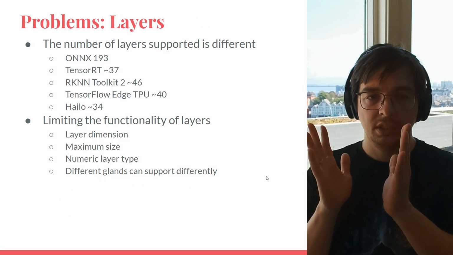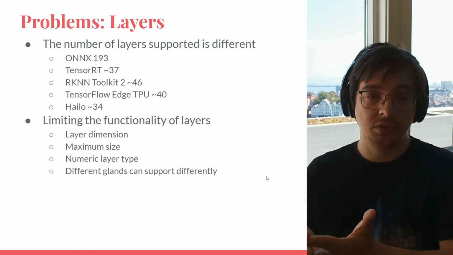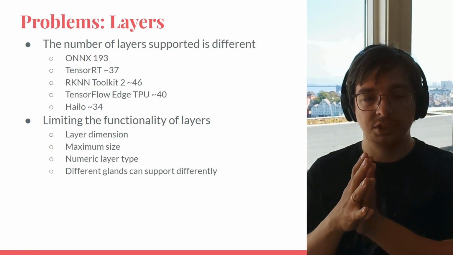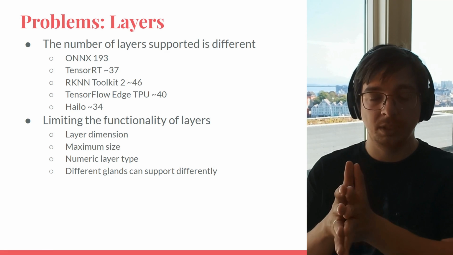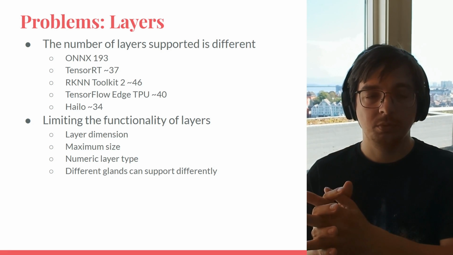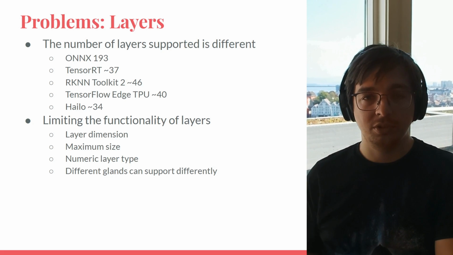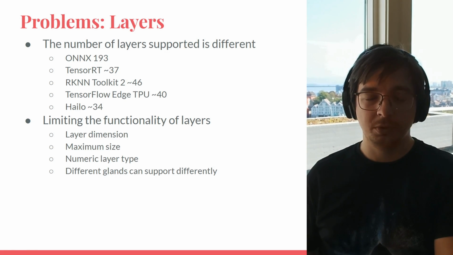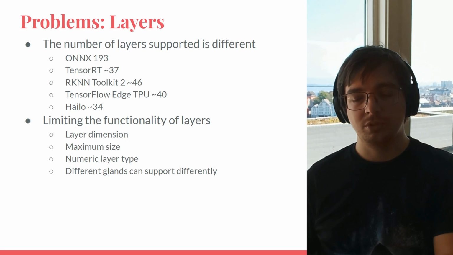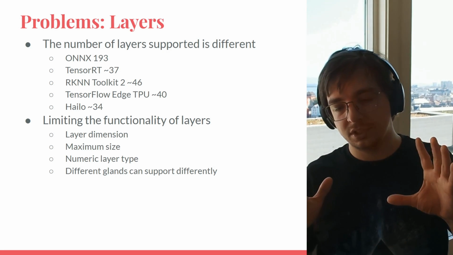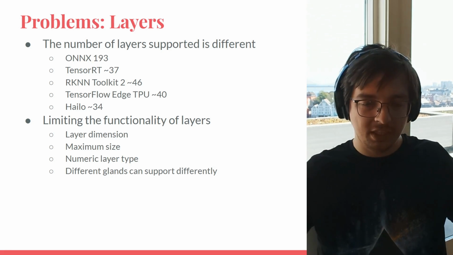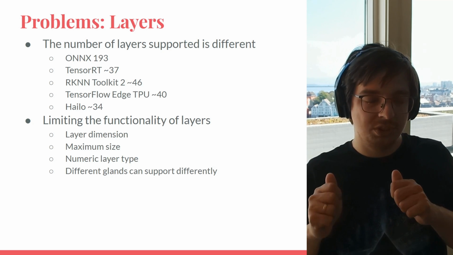Of course, we return to the problem with layers. Here is just a list of layers supported by different platforms, from their official documentation. But when you look at these numbers, you need to understand that they are super tricky numbers. For example, for some platforms, they can append an additional layer, but it's not a single layer.